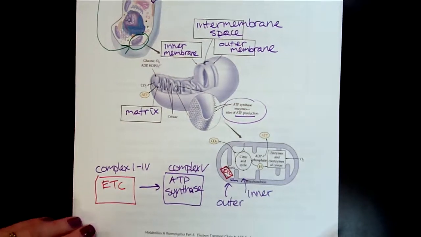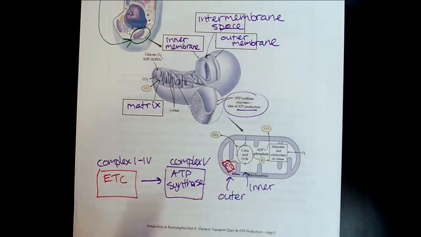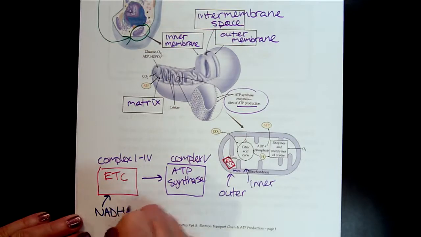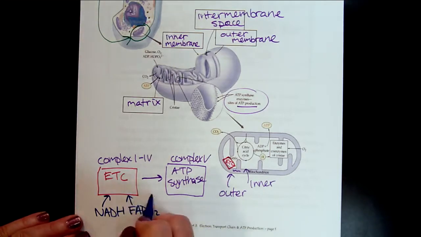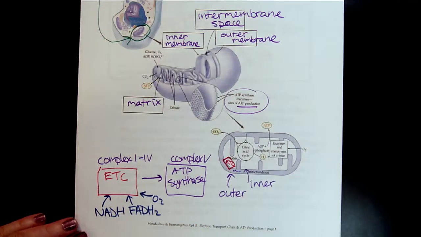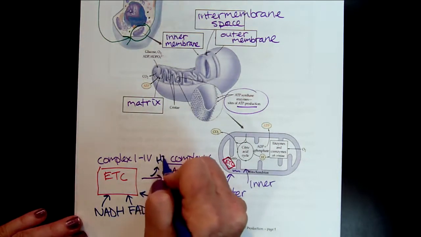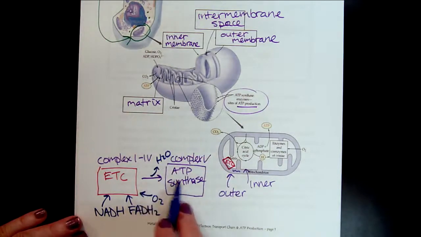Alrighty, so coming out of the citric acid cycle, we have learned that we get reduced coenzymes like NADH and FADH2. And we are also going to need oxygen. It also comes in as a reactant in the electron transport chain. It's going to spit out water and then continue on.